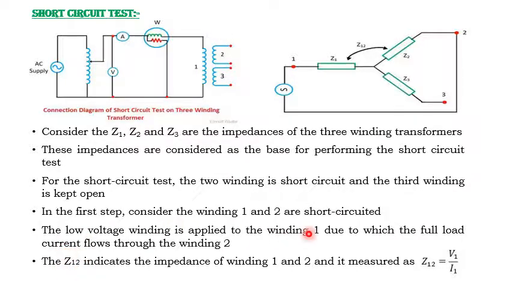This impedance is measured and given by V1 divided by I1, because these two are short circuited. The voltage drop across this is V1 and the current flowing through this is I1, so this ratio V1 divided by I1 gives Z12.